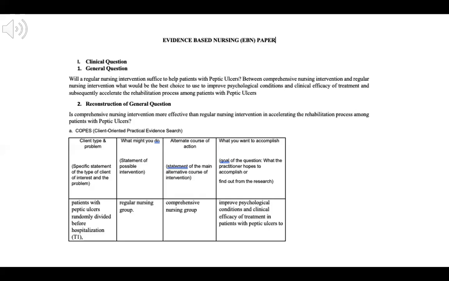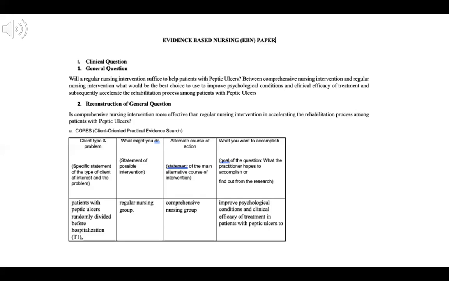So in the first column, the client type and the problem, and then the second column is what you should do, what might you do, which is the statement of possible intervention. The third column is about the alternative course of action. And the fourth column is what do you want to accomplish?